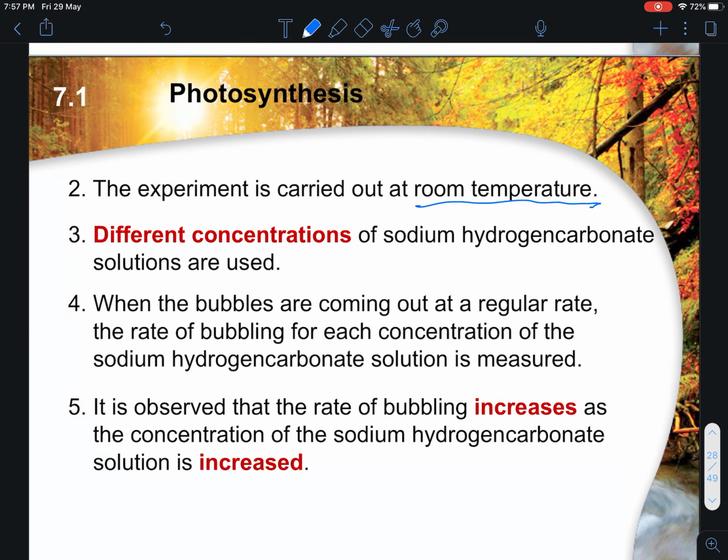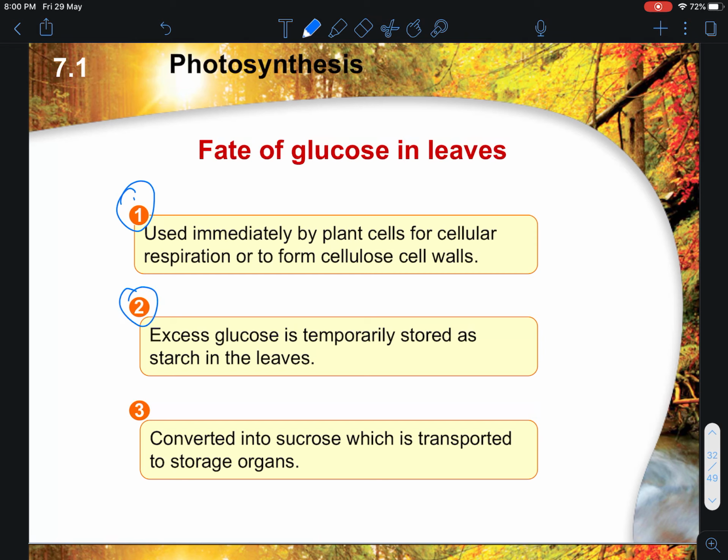So this is one factor. The other one is that excess glucose is temporarily stored as starch. This is the one that you test for photosynthesis using your iodine, and of course it's also stored as sucrose to be transported to the storage organ.